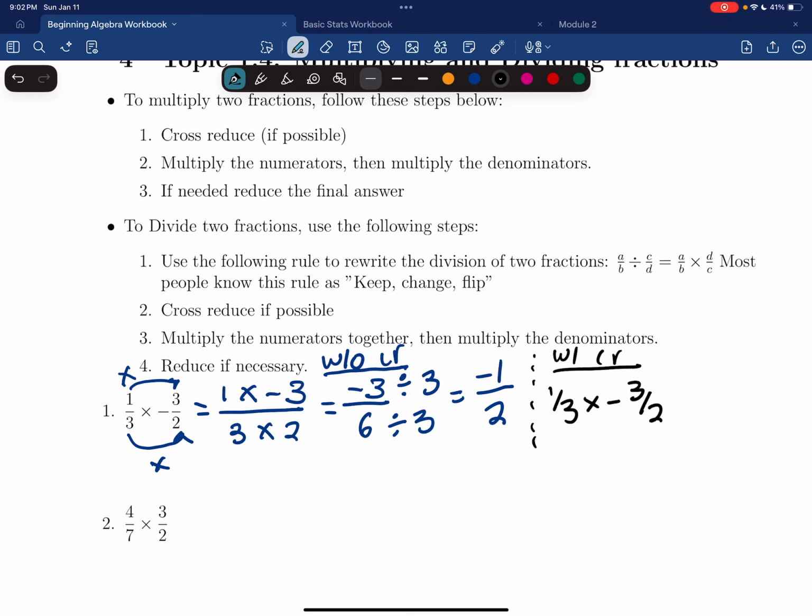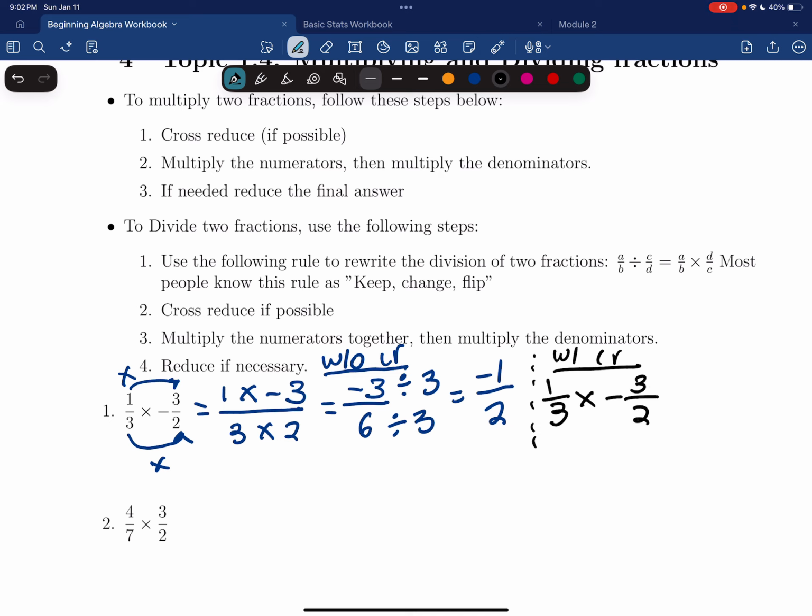So cross-reducing, what that means is you have to look at the values diagonal to each other. That's kind of messy, my apologies. Here, let me rewrite it here. 1/3 times negative 3/2. It's a little bit better.